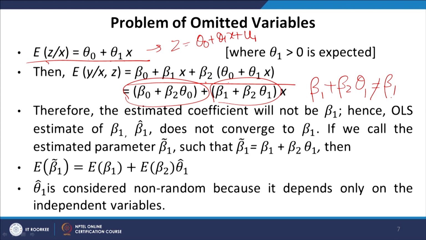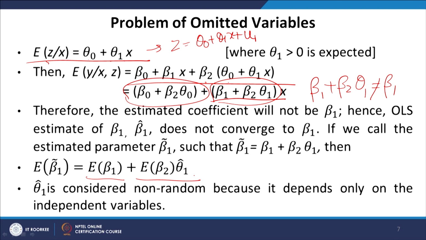If we call the estimated parameter beta 1 tilde such that beta 1 tilde is equal to beta 1 plus beta 2 theta 1, then the expected value of beta 1 tilde is equal to the expected value of beta 1 plus the expected value of beta 2 theta 1 hat.